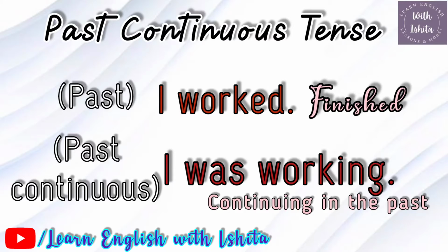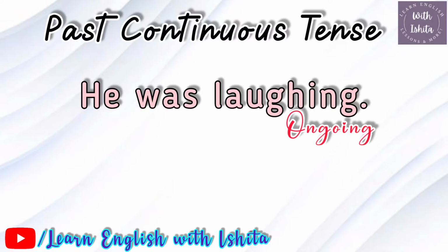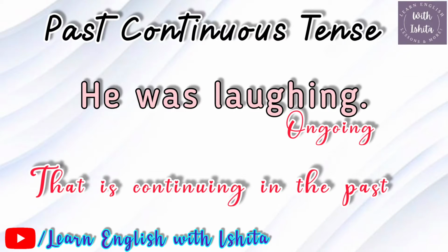It expresses the ongoing nature of an action in the past. For example, he was laughing, okay? This sentence shows an ongoing action, which is the laughing of a person, which occurred in the past. So that is the basic information of the past continuous tense.